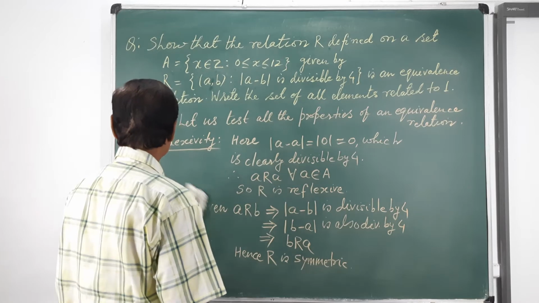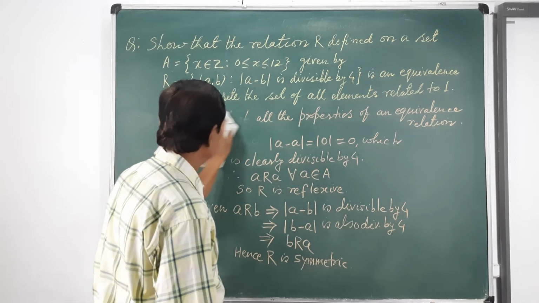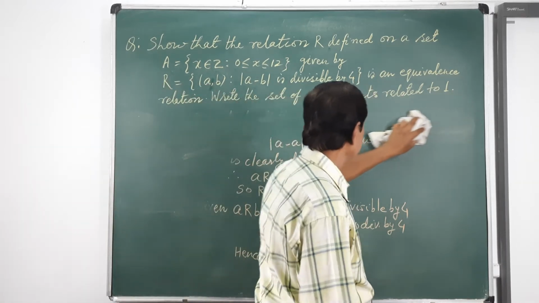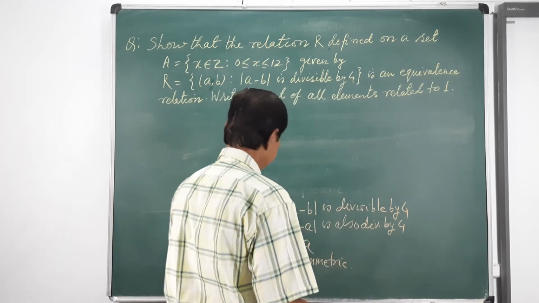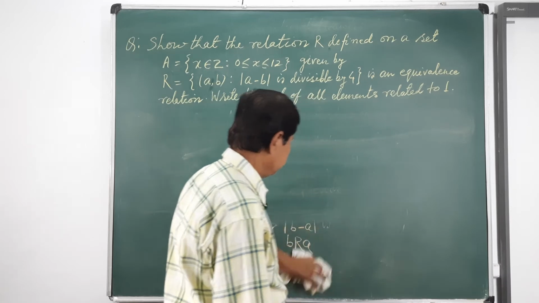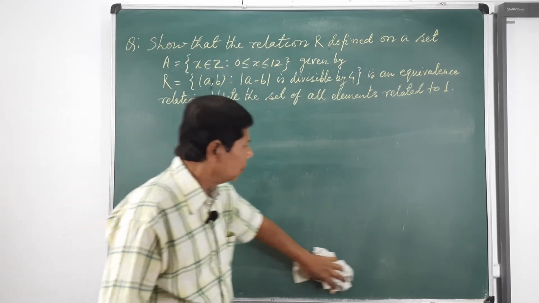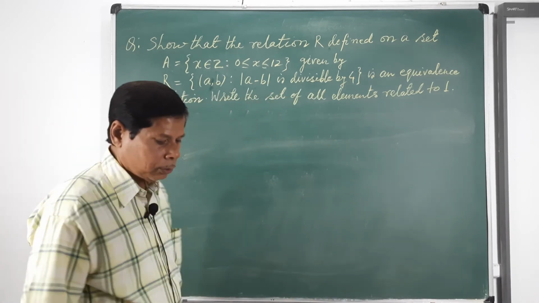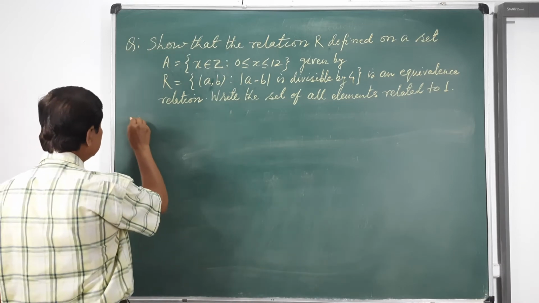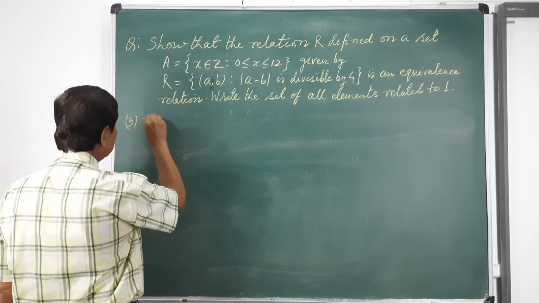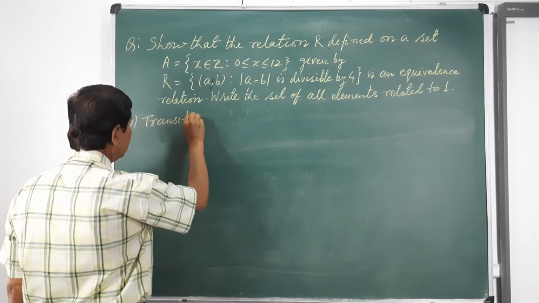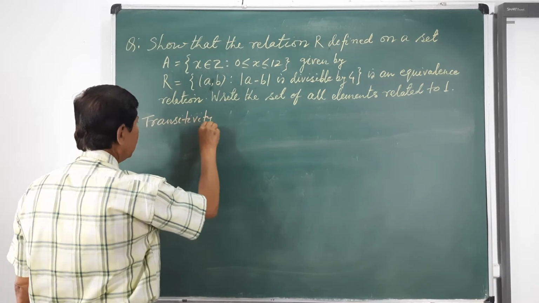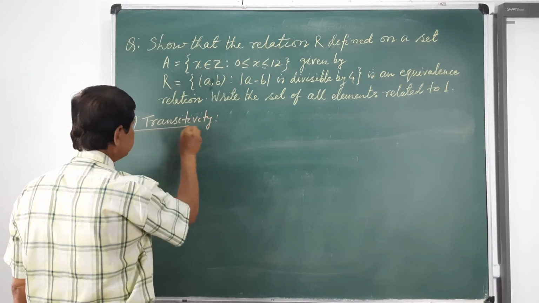So next, the third property is to be tested. Property number 3, transitivity.